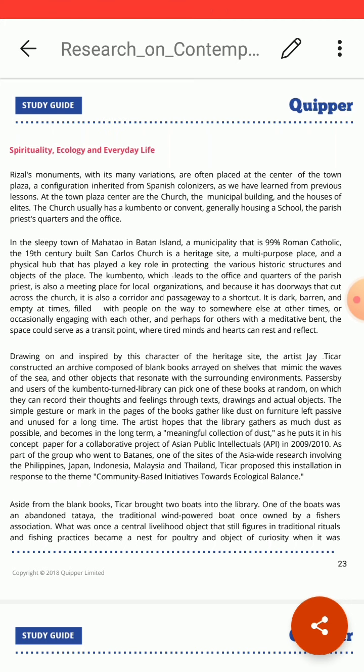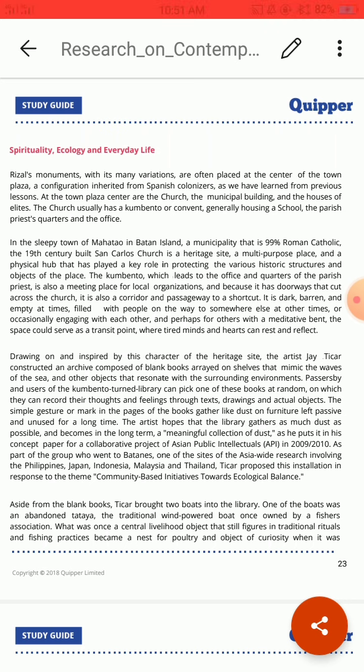Drawing on and inspired by this character of the heritage site, si J.T. Carr nag-compose siya og mga blank books arrayed on the shelf that mimics the waves of the sea. Nagbukuan siya og shelf full of blank books where passers-by and users of the convento turned library can pick one book.